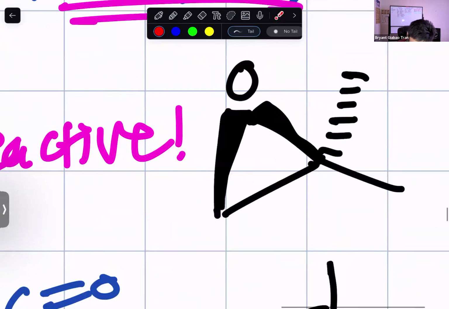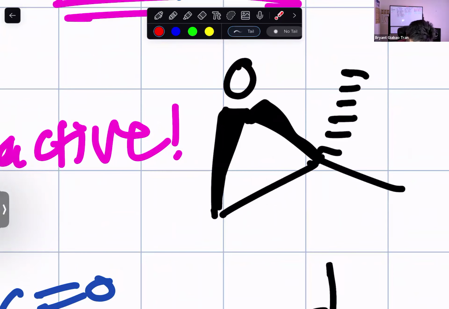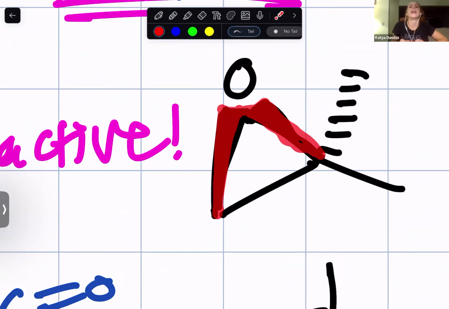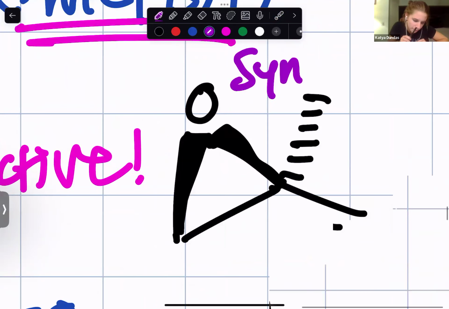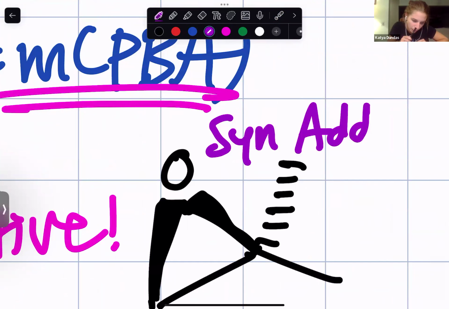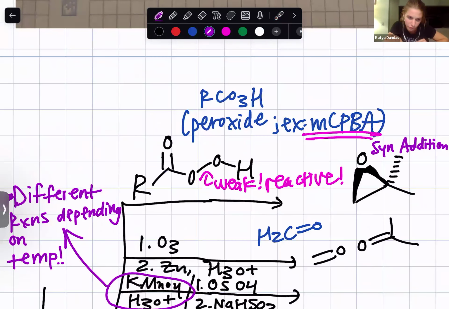And an important part about this reaction is that this is syn addition, meaning that the bonds attached to the oxygen are on the same side. Syn addition, right? That's starting to make more sense now. Okay, so as far as what's happening to the molecule, that's the first carbon with the two hydrogens, and that's the one with the two methyls.